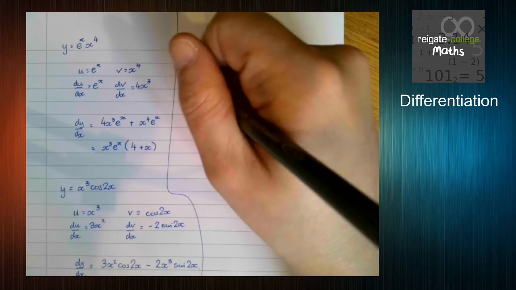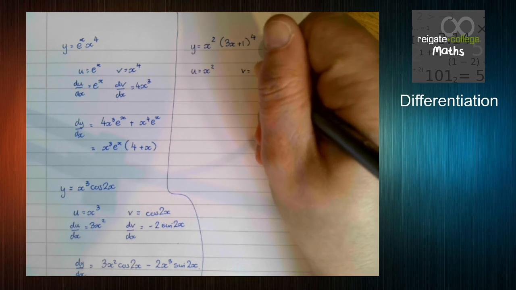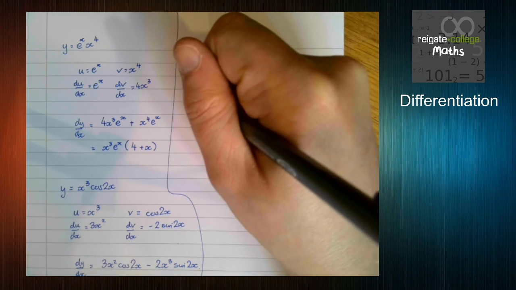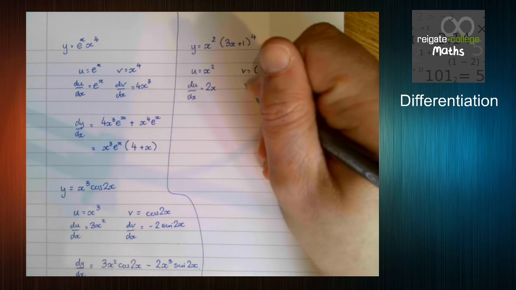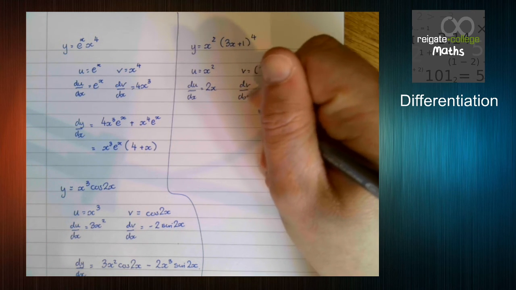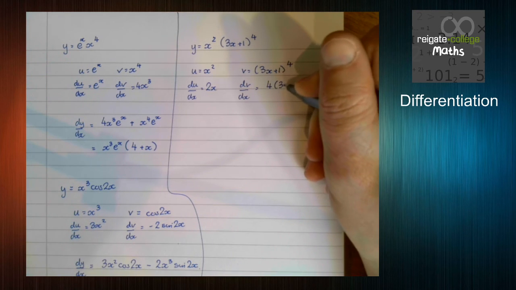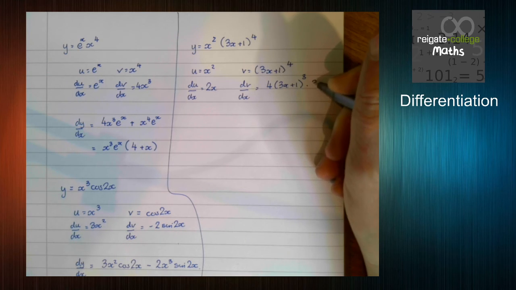Last example. u is x squared, v is 3x plus 1 to the 4. Differentiate both. So multiply by the power, reduce the power by 1, times by the derivative of the bracket.